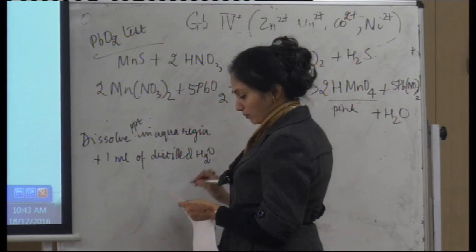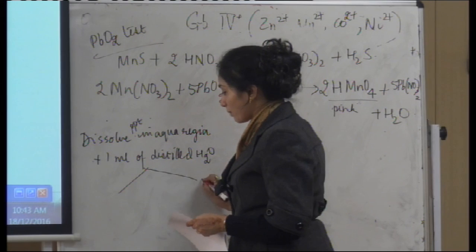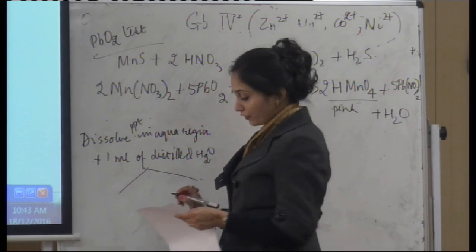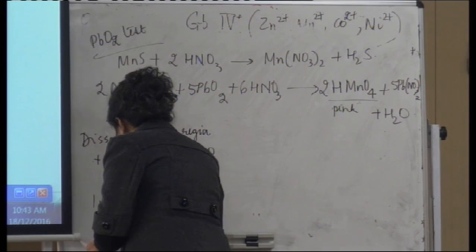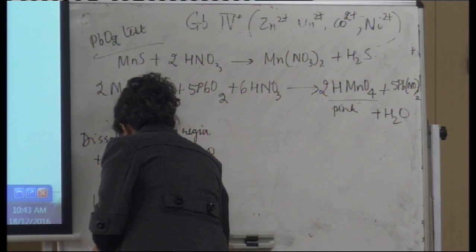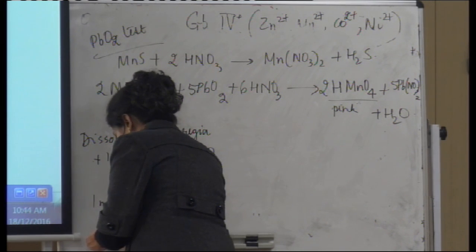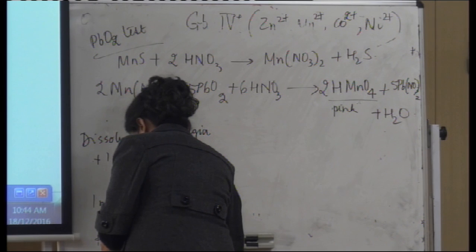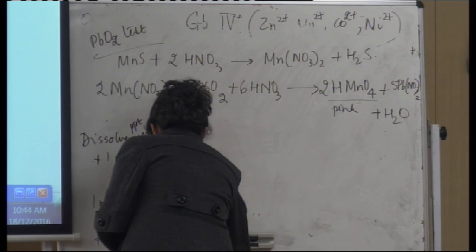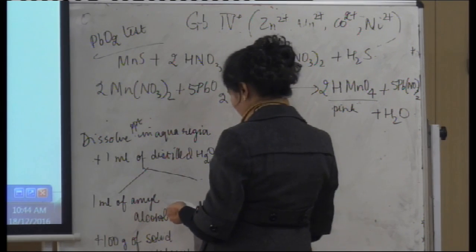You add 1 milliliter distilled water, and now we divide this into two parts. To the first part, you add 1 milliliter of amyl alcohol. You add 1 milliliter plus 100 grams of solid ammonium sulfocyanide and mix it.